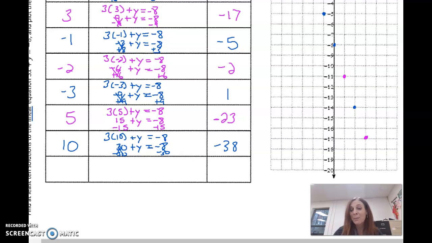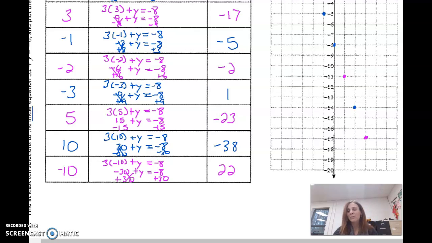Not on the graph, but it would still be on that line. One more. Negative 10. 3 times a negative 10 plus y equals negative 8. That's negative 30 plus y equals negative 8. Then I add 30 to both sides. And I get 22.